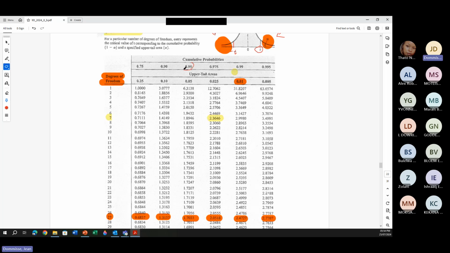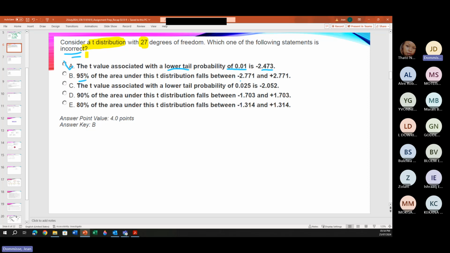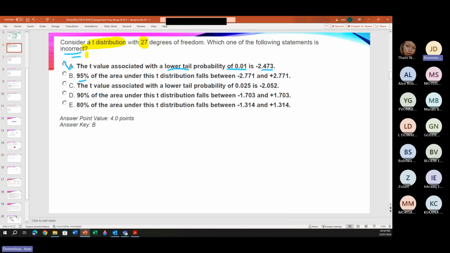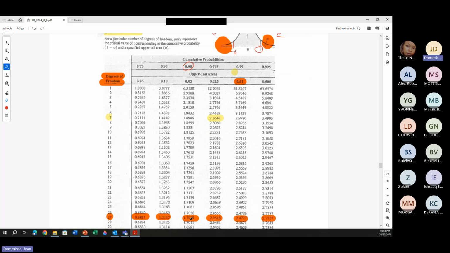One can go to 95 and see the 1,7033 and say, okay, it's incorrect because we want it, okay, so 1,7 or 1,7033.